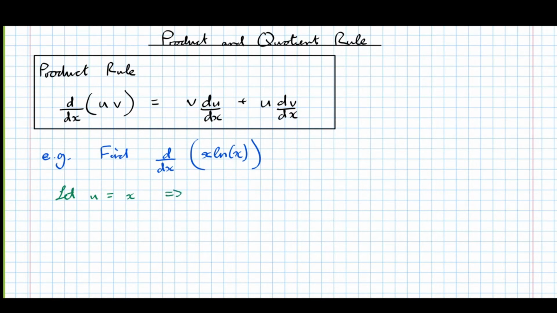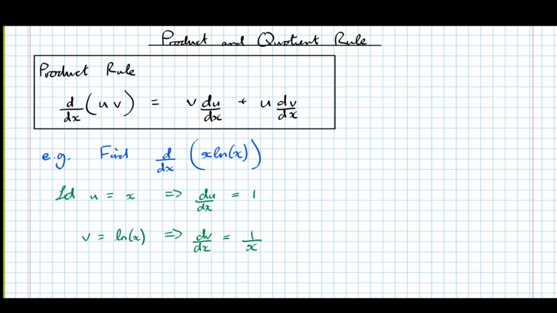So that means that du by dx is 1. Secondly, let v equal log x, the second thing in the product, which means that dv by dx, and the differential of log x we found out last week was 1 over x.